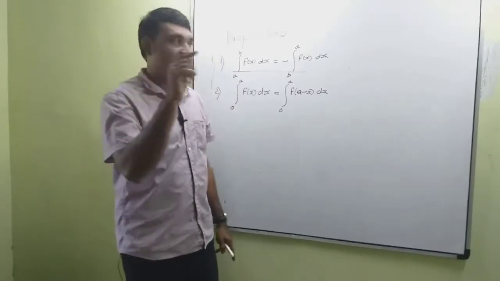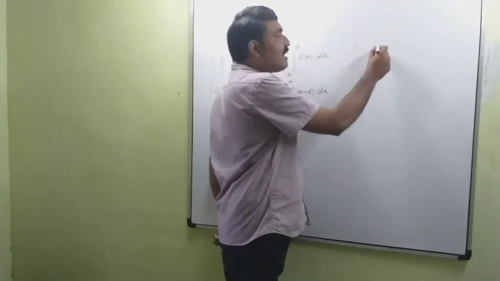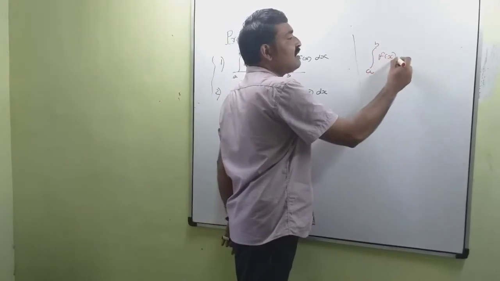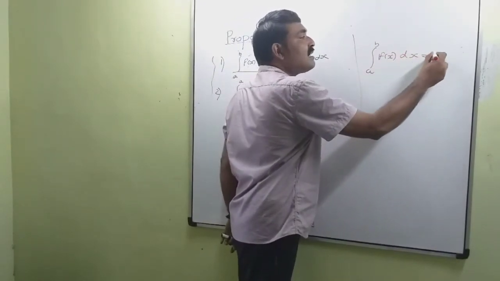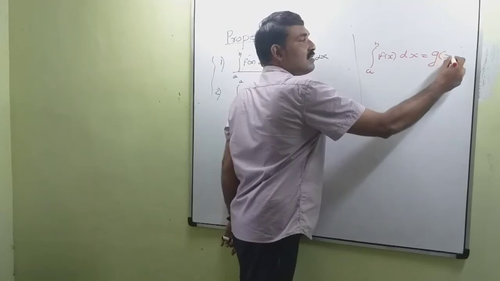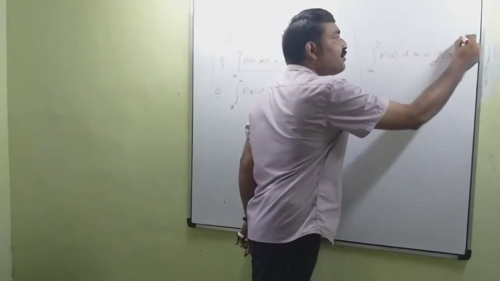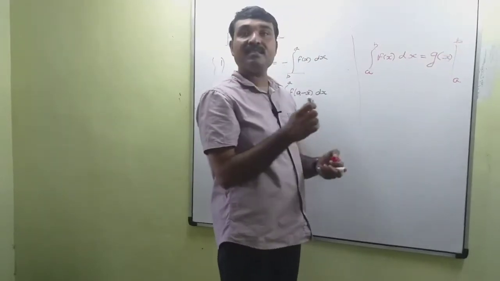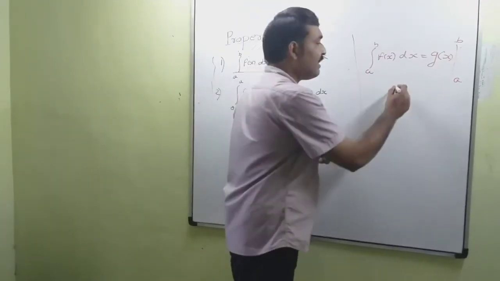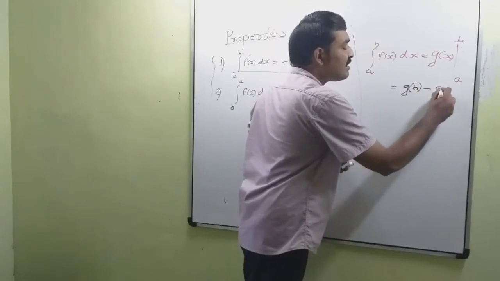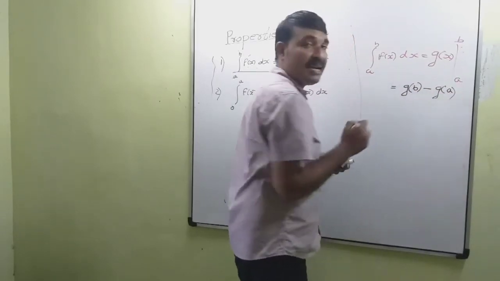Let us prove it. Let integral a to b f of x dx is equal to g of x. Now apply the limits of integration, that is a to b. What is the value of this? By applying the limit, we get this is equal to g of b minus g of a.